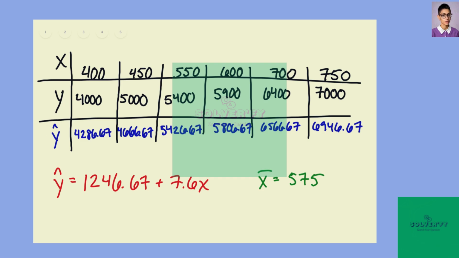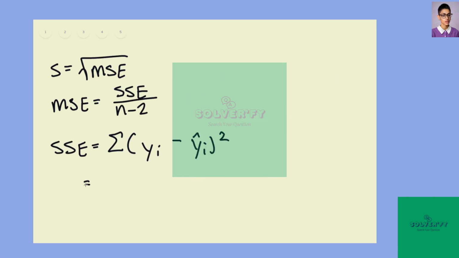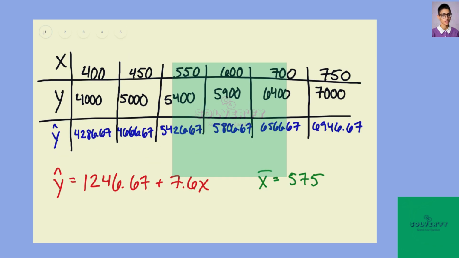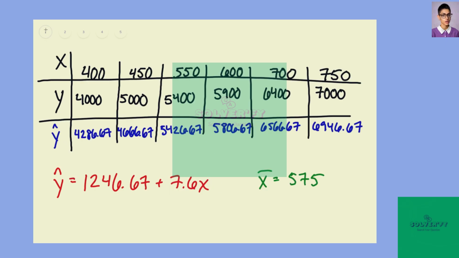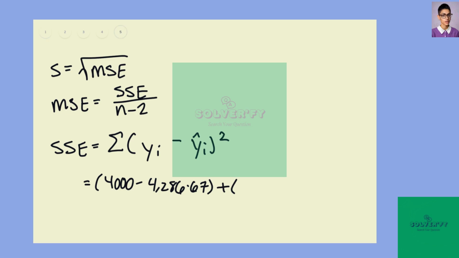So this is going to be equal to our first example, 4,000 minus 4,286.67, plus 5,000 minus 4,666.67, and so on until you get to the end of the data set.